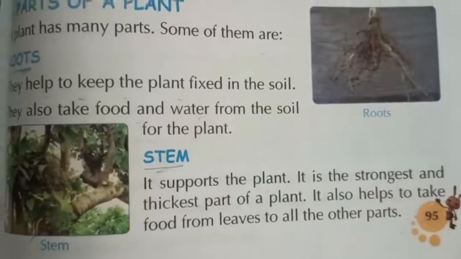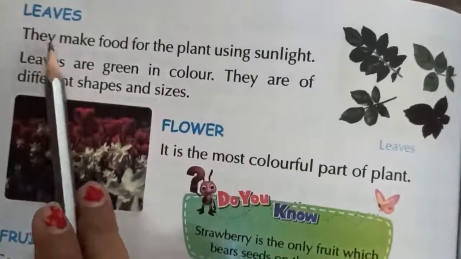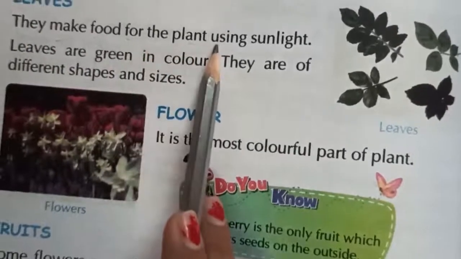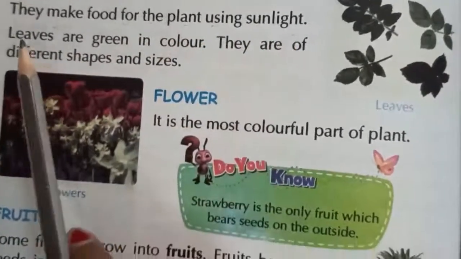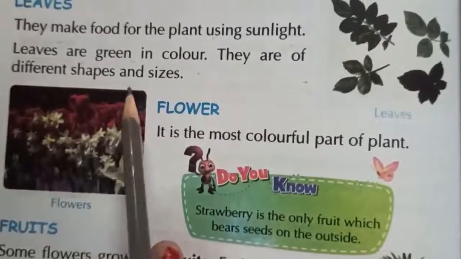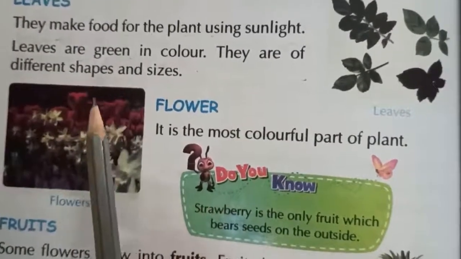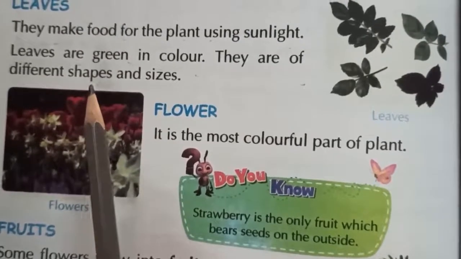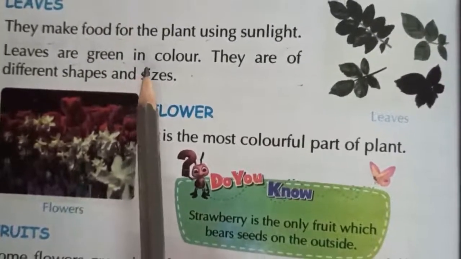Now, see the next part of plant. Leaves. They make food for the plants using sunlight. Leaves are green in color. They are different in shape and size. So, leaves are also important parts of plants.